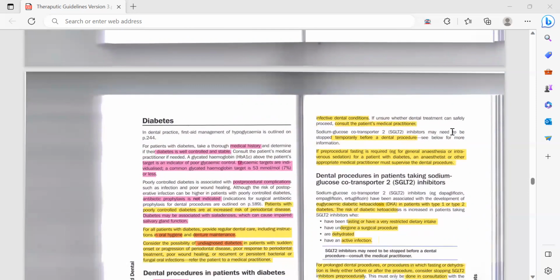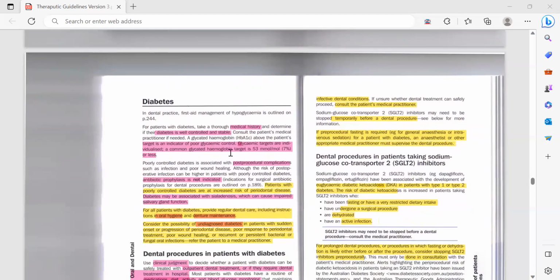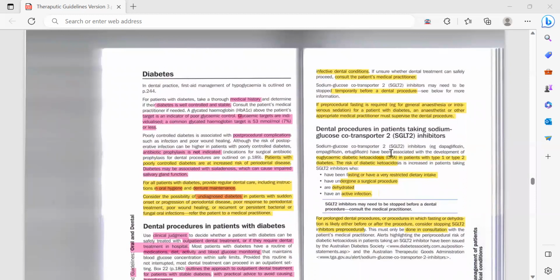SGLT2 inhibitors may need to be stopped temporarily before a dental procedure. Some patients with diabetes might be taking this class of drug, the SGLT2 inhibitors, and it is very important that this medication is temporarily stopped because it can lead to more complications. We will read in this paragraph what they try to mention here.